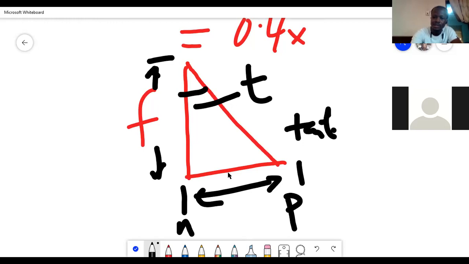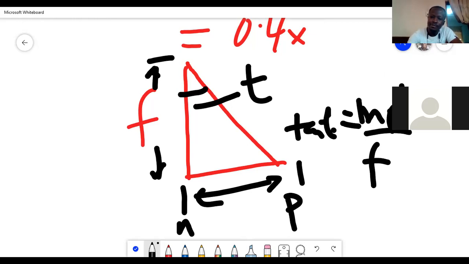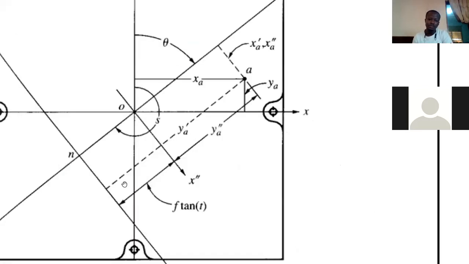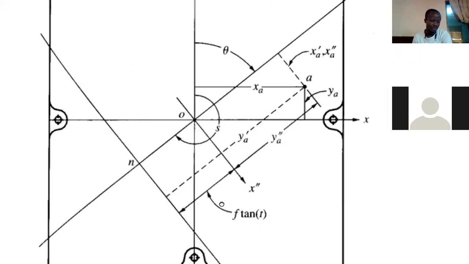So tan T is equal to opposite, the distance MP, divided by F. So F tan T is the distance MP. Is that okay? F tan T. So if you cross multiply by F, you get F tan T equal to MP. So in this diagram, the reason we have F tan T is because of that.